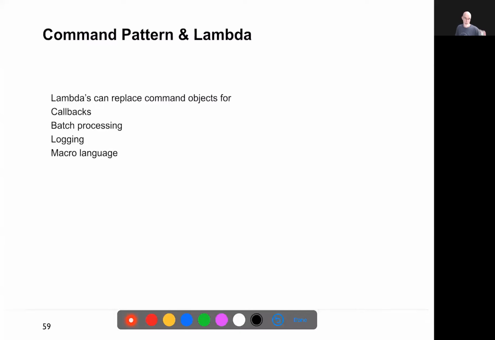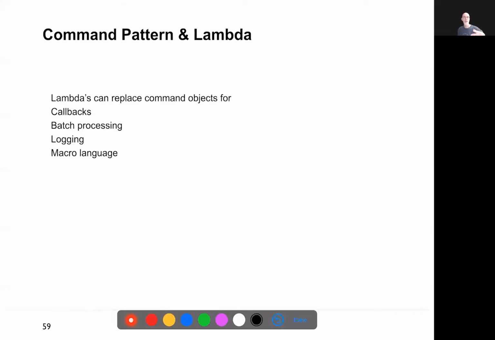Depending upon your language and the functionality lambdas give you, they can replace using command objects directly in some situations. Someone said it seemed confusing, but for me, it's basically the same idea.